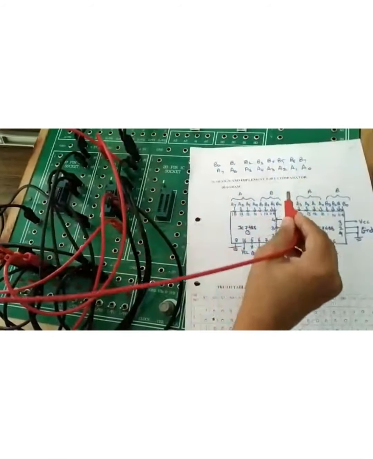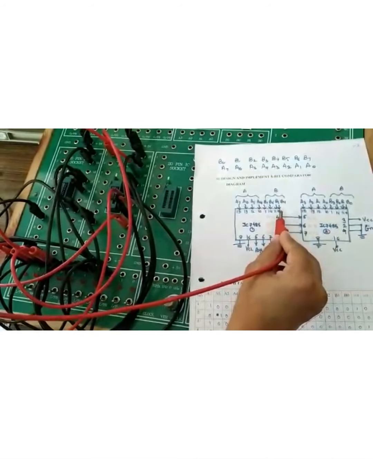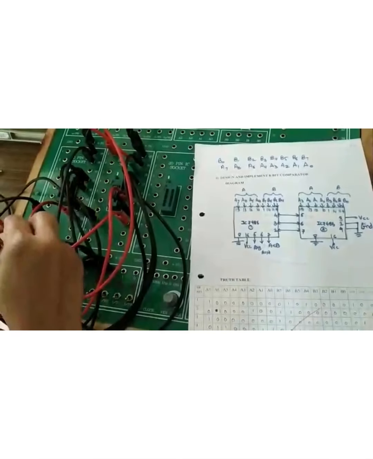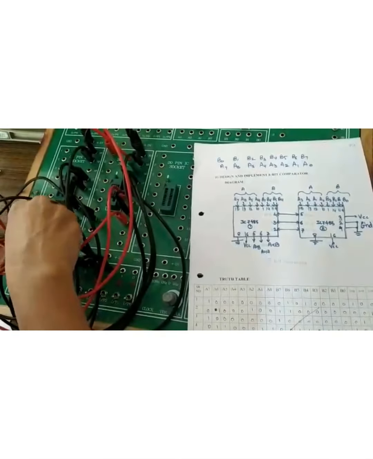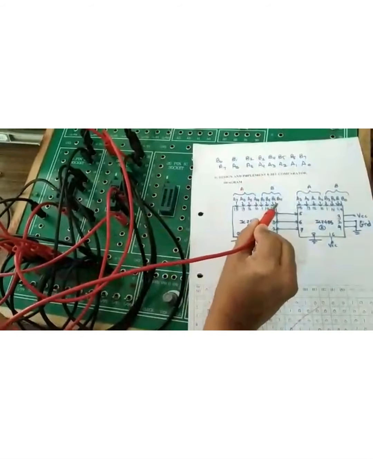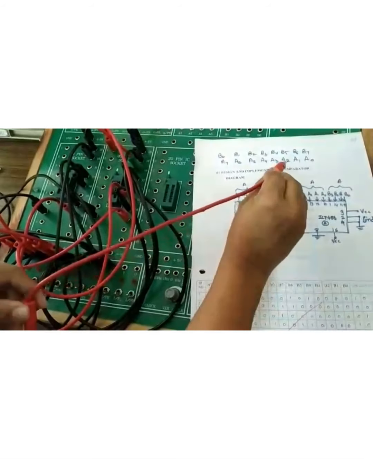Then B4 is on the first IC. That is pin number 9 of the first IC, connected here. Then B5, pin number 11. This is overlapped on A2.